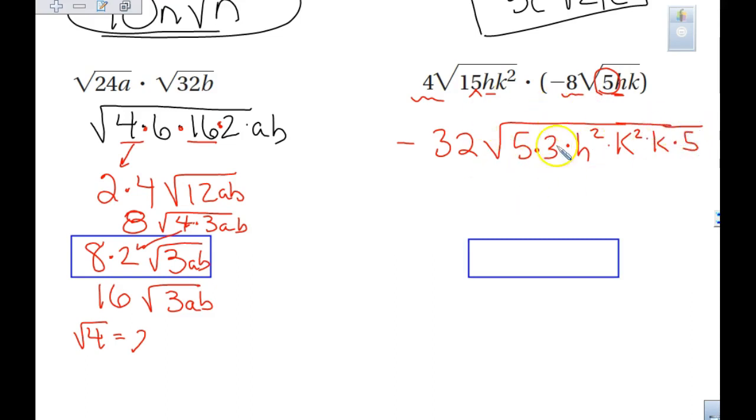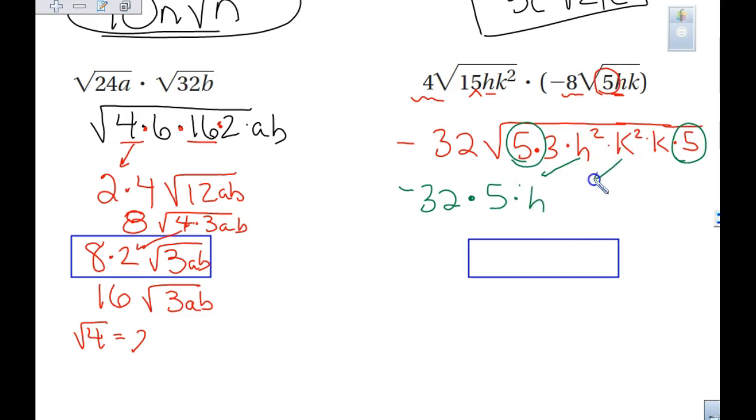Now, if you like organizing and putting all your numbers in one spot, like all in the front, then just leave some room. But remember from that video, we said if I have 2 of them the same and I have a 5 and a 5, I can pull that out, right? So this is going to be negative 32, because that would have been the square root of 25, which is simply 5. I am now going to have h to what power as I'm looking at that, Emily? Okay, so I have h to the second here, so when I'm finding the square root of that, it is just going to be h.